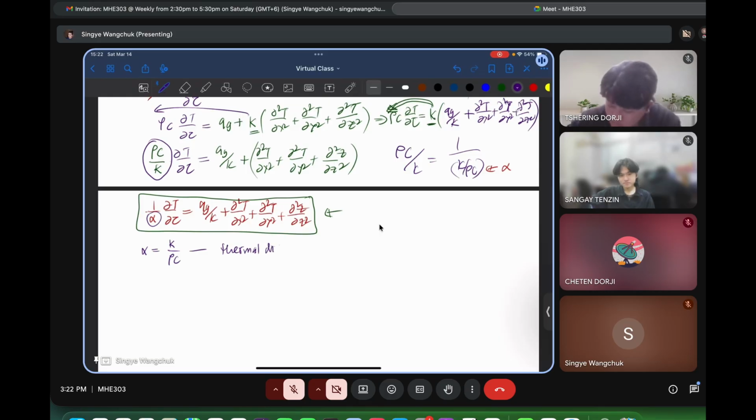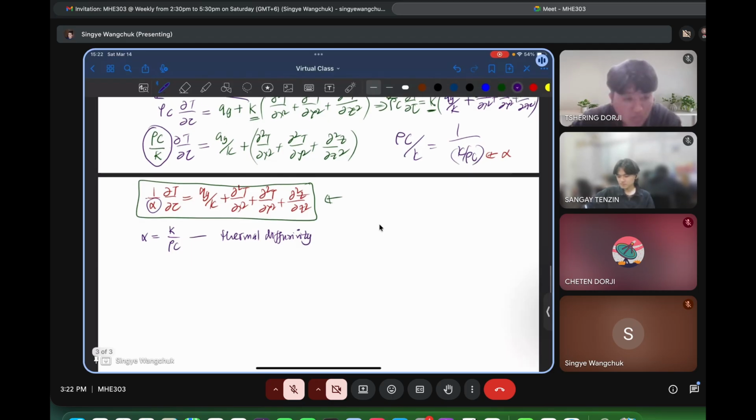This is the thermal diffusivity. And you know that this thermal diffusivity alpha is directly proportional to k and inversely proportional to rho c.